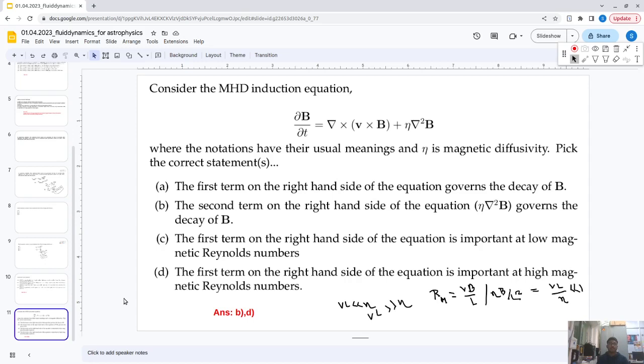I hope this will be helpful for the students who are really keen to gain some knowledge about hydrodynamics and MHD. And I'm very disappointed that no students are attending the classes, and I still have to talk to myself for the entire lecture sessions. But it's okay, it's not in my hands, so it's fine.